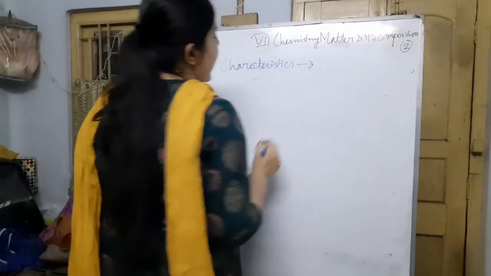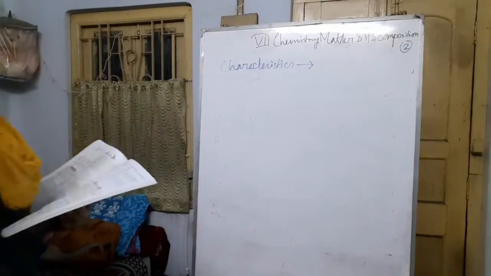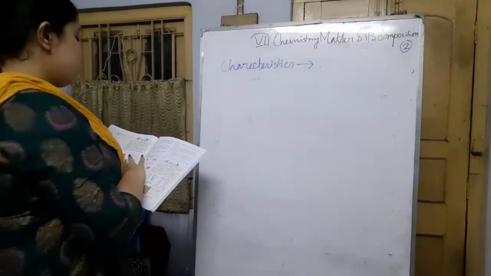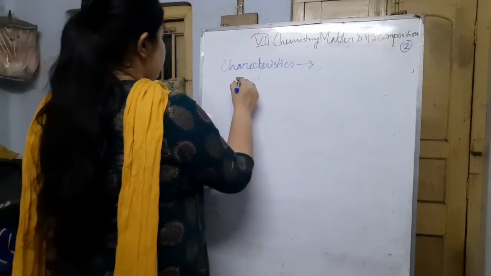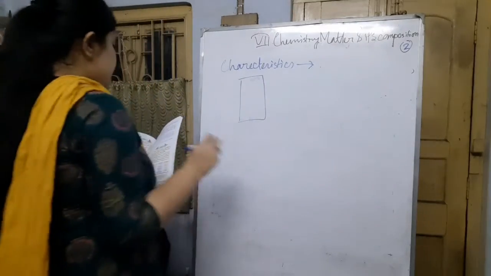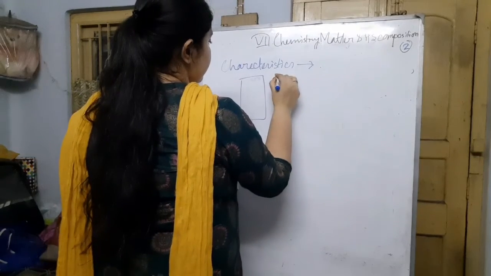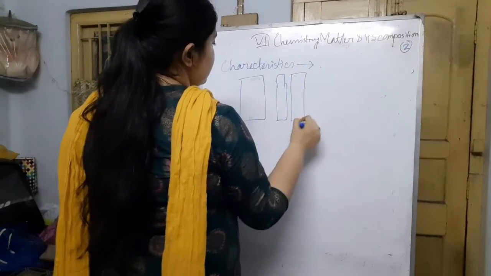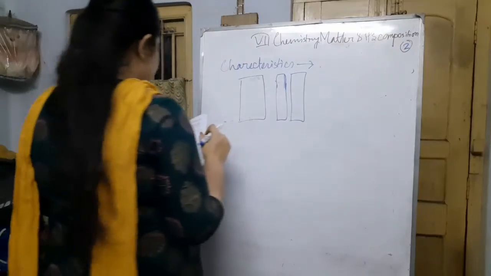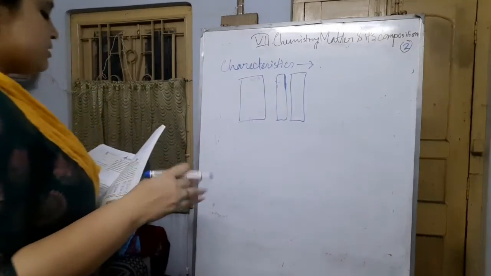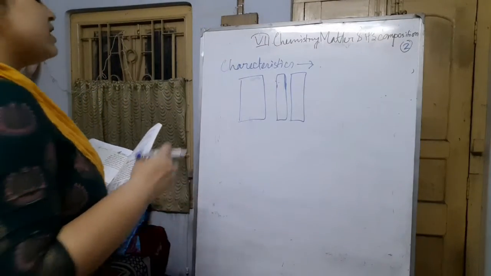First, one activity I can tell you: take one sheet of paper and tear it into 2 half sheets, then fold it in small halves, tear it, and repeat it.